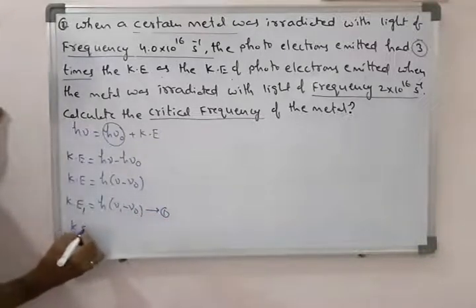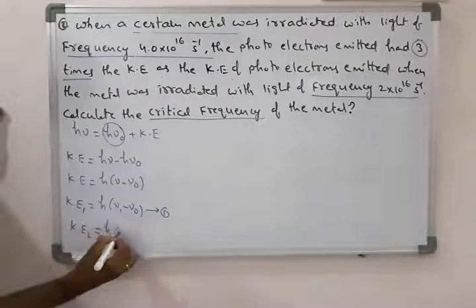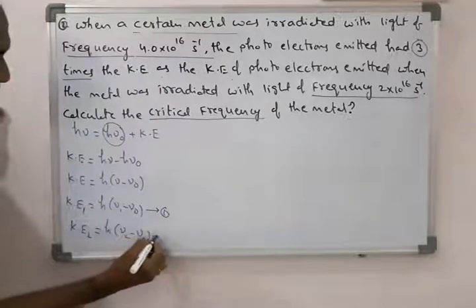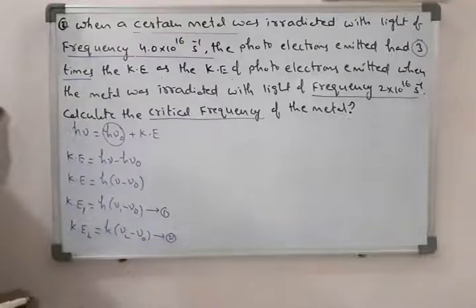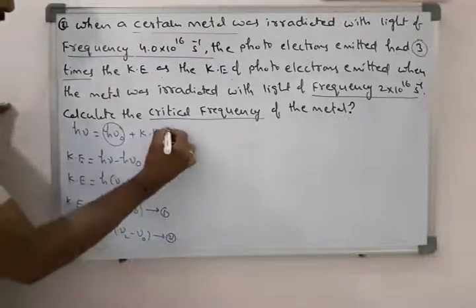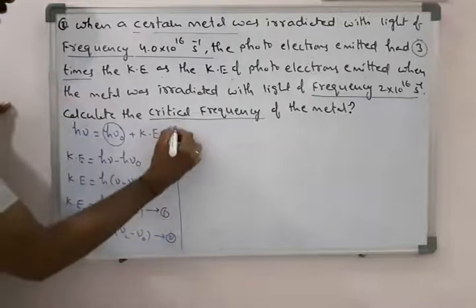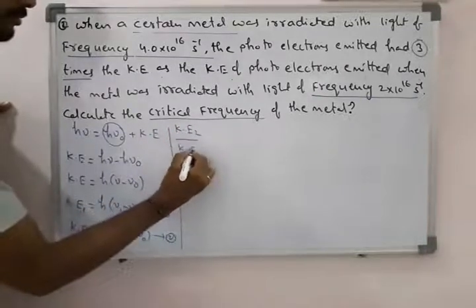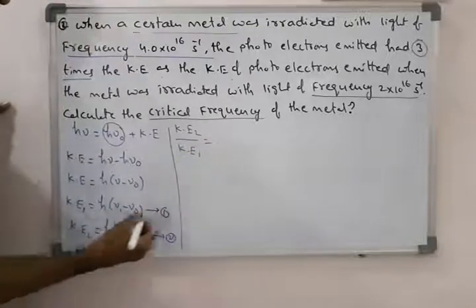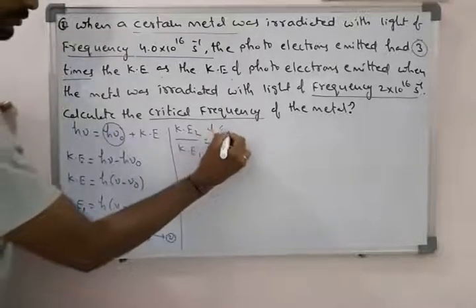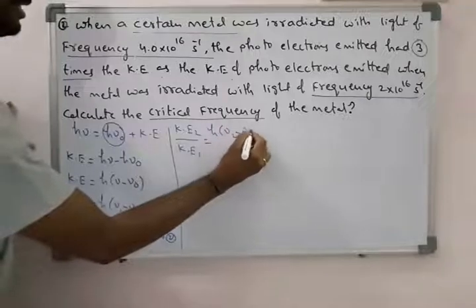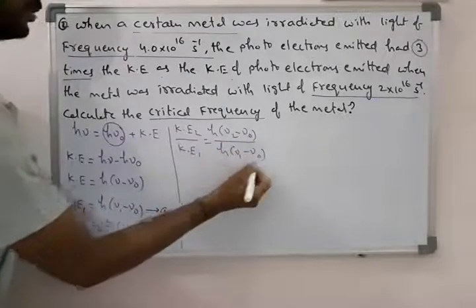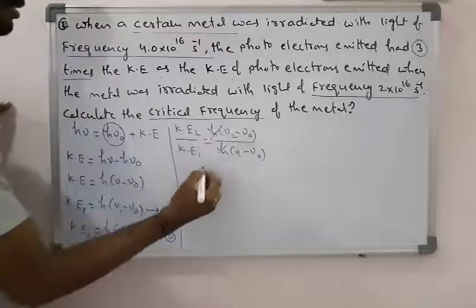And in the second time experiment, another frequency is used, that is nu 2 minus nu naught. So by doing equation 2 by equation 1, we get nu 2 minus nu naught by nu 1 minus nu naught, with h.